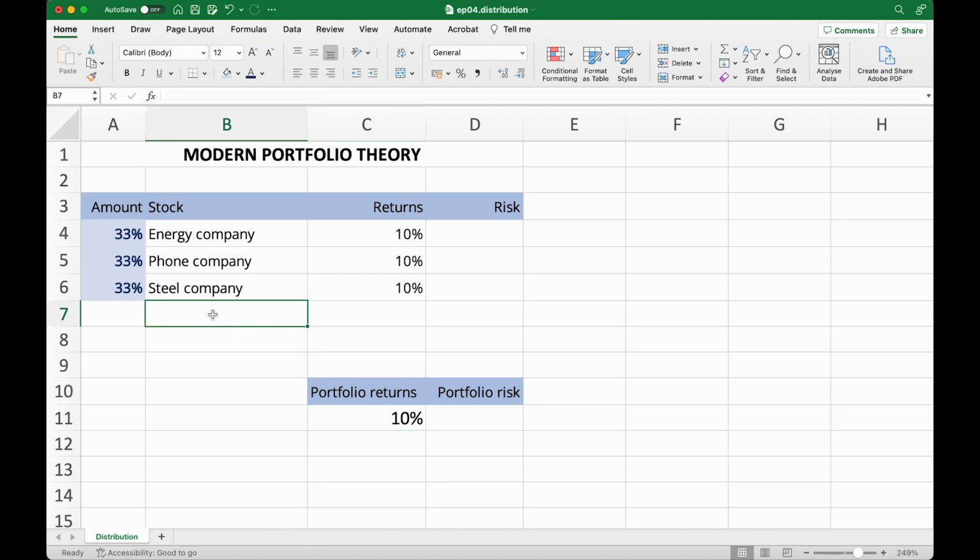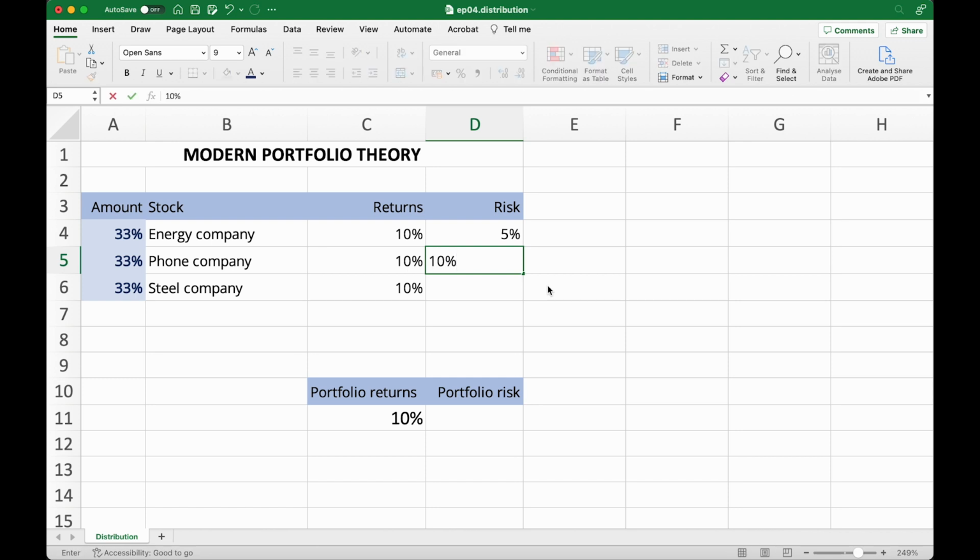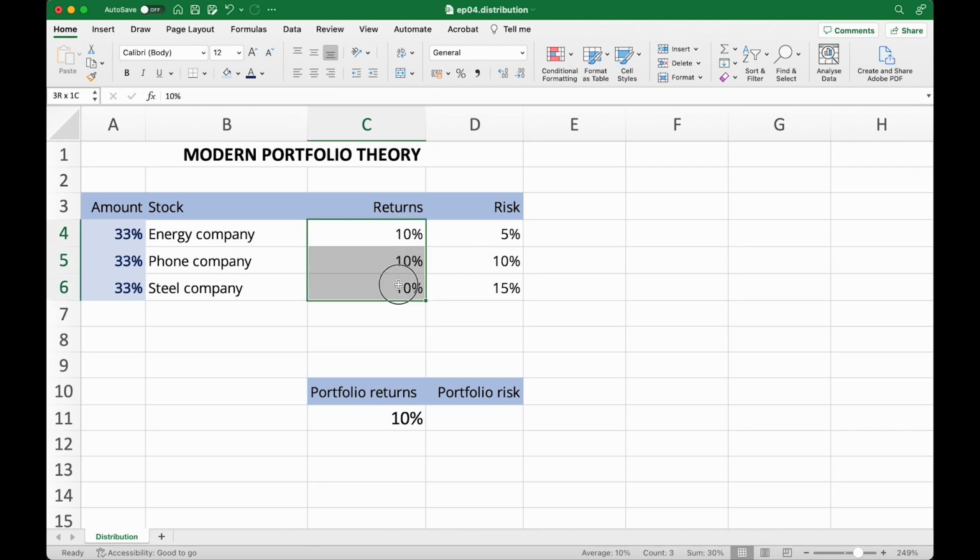Okay, so now we come to this topic of risk. Let's, for the sake of argument, say that the energy company has a 5% risk, the phone company has a 10% risk, and the steel company has a 15% risk. So same returns, but different risk.